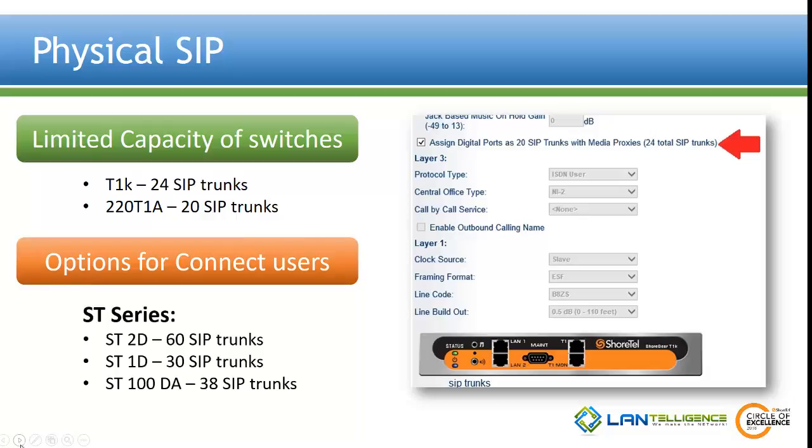So there are options in sort of the 14.2 and earlier, and in the Connect version, you've got the 2D, the ST1D, and the 100DA, which is the two T1s, the 1D1, the 1T1, and the 100 with a digital, which is analogous to the 220T1A, which provides 38 SIP trunks. But trust me when I say this, if you have the opportunity to deploy the OVA file for the virtual IP SIP trunks or SIP trunk switches, you want to, versus the physical switches.